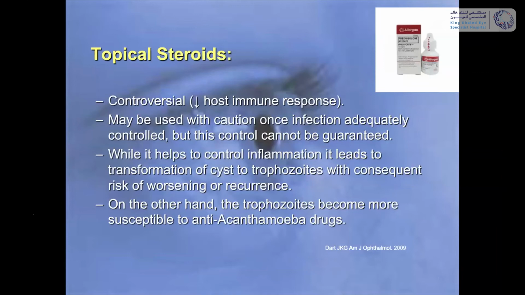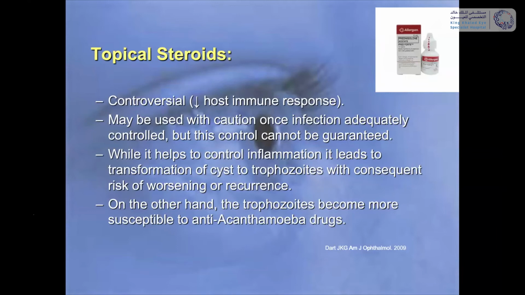What about topical steroid? As you know, topical steroid is a big controversy in treatment of Acanthamoeba keratitis. Steroid will decrease the immune response. It can be used with caution once you control the infection. But this control cannot be guaranteed.